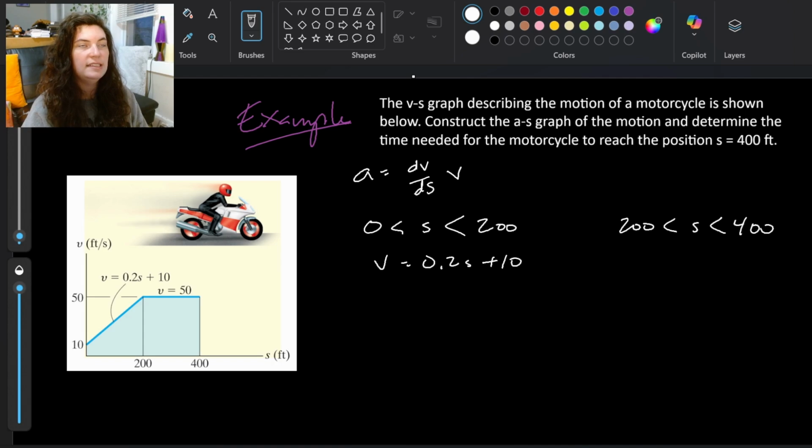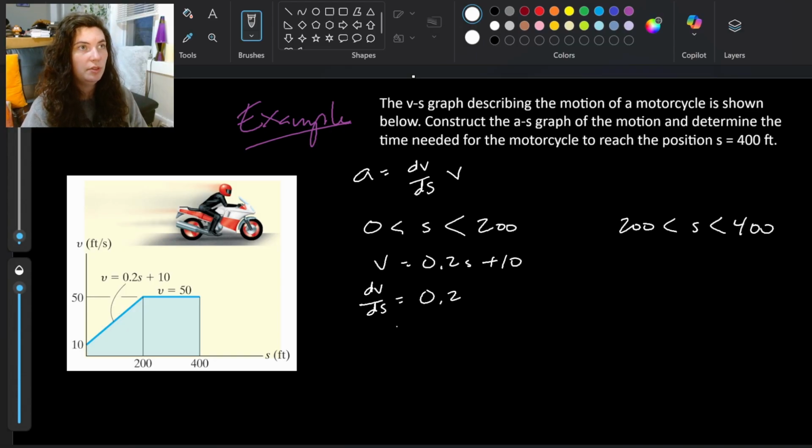If I want to find dv/ds to plug into that acceleration function, dv/ds, the derivative of that velocity function with respect to s, in this case is just going to be 0.2.